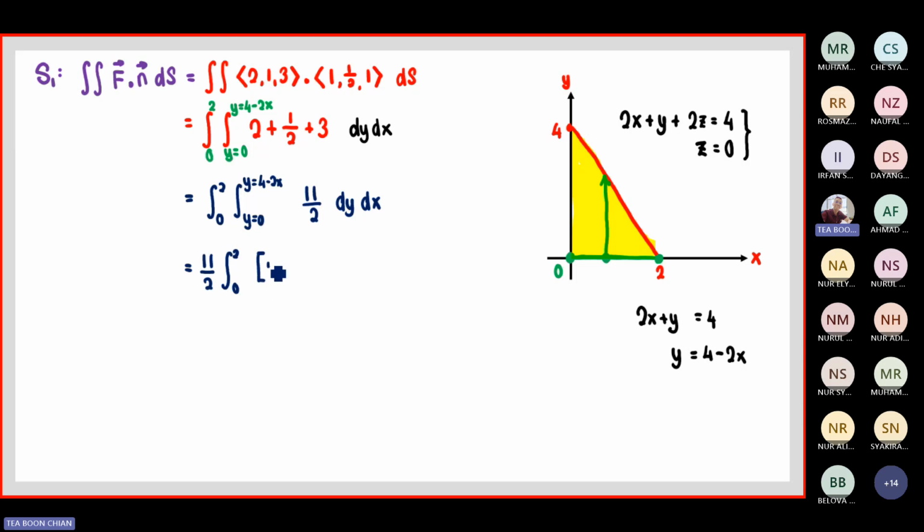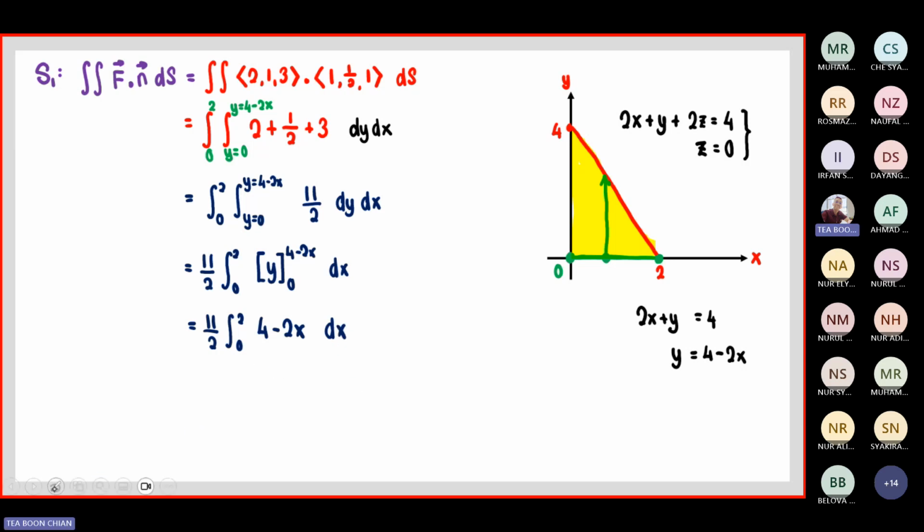So you obtain the y variable from 4 minus 2x to 0 with respect to x. All right, constant can be pulled out. So now substitute this upper and lower limit into it. In the end, I have the next equation 4 minus 2x to be integrated with respect to x.